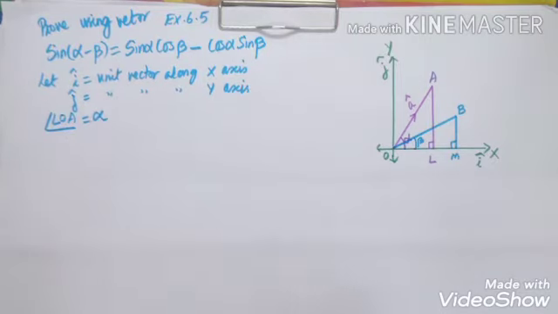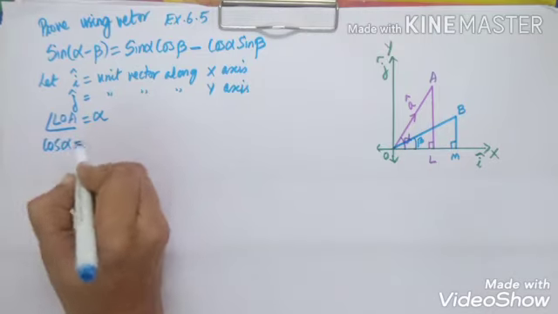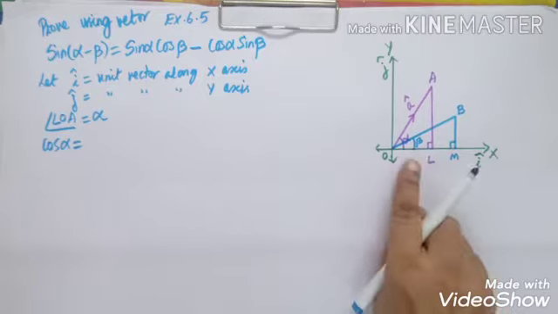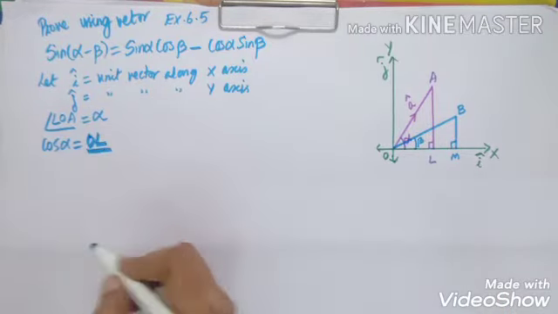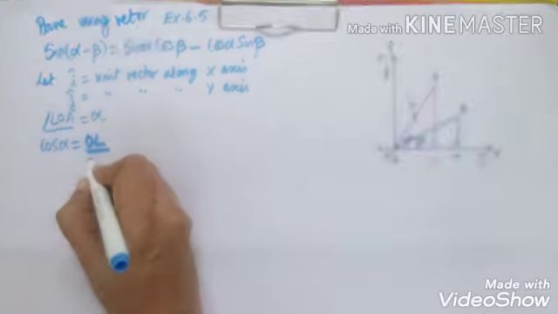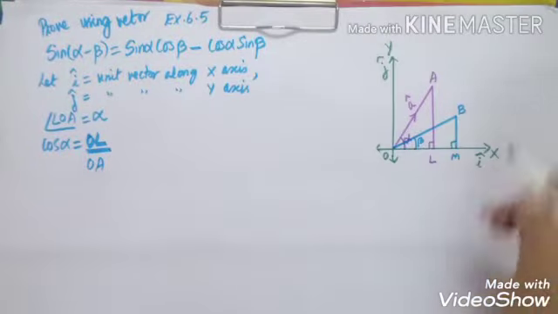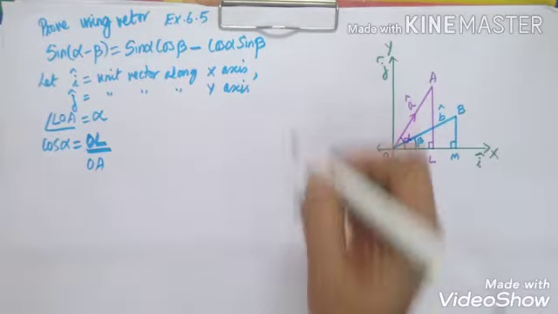So angle LOA equals alpha. Immediately write what is cos alpha. Cos alpha is adjacent by hypotenuse. Adjacent is OL and hypotenuse is OA. We have taken OA, OB as unit vectors.